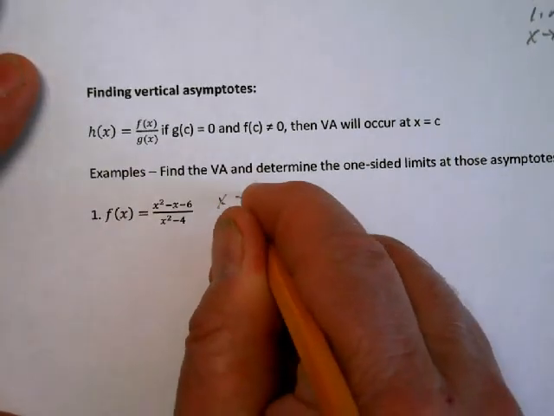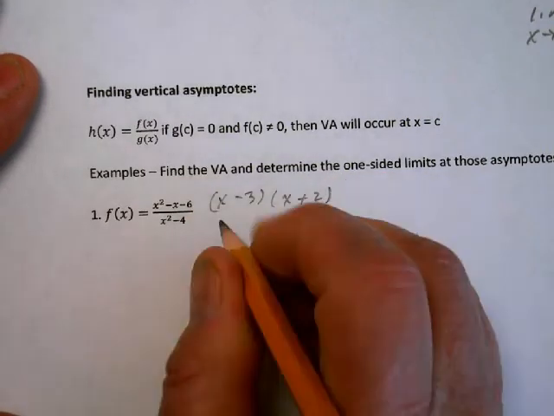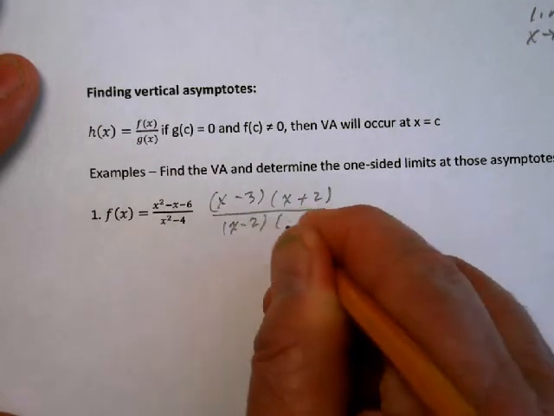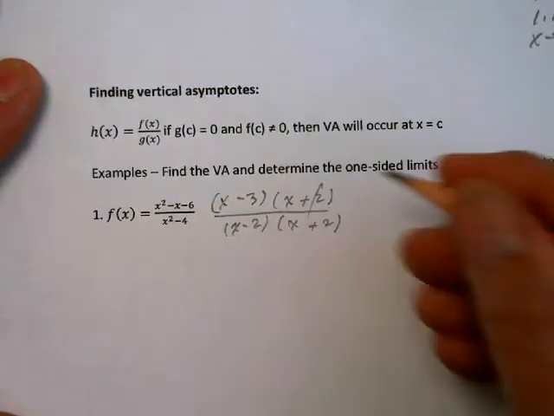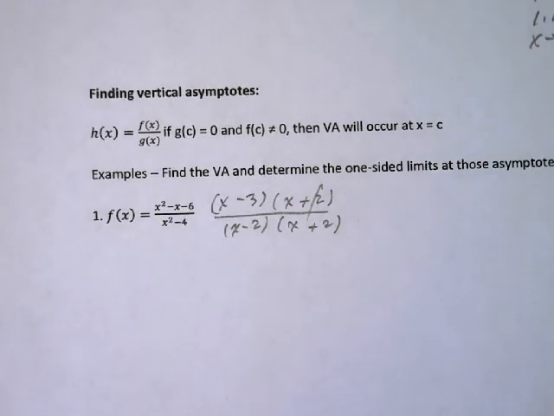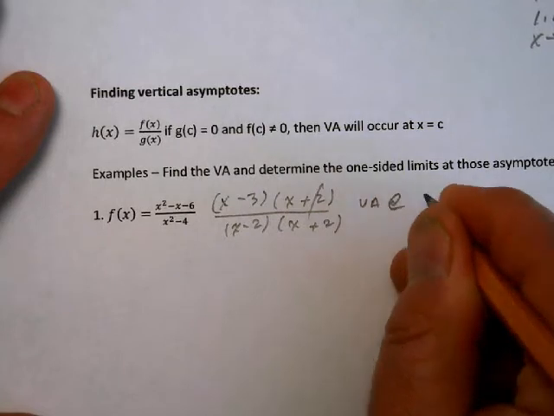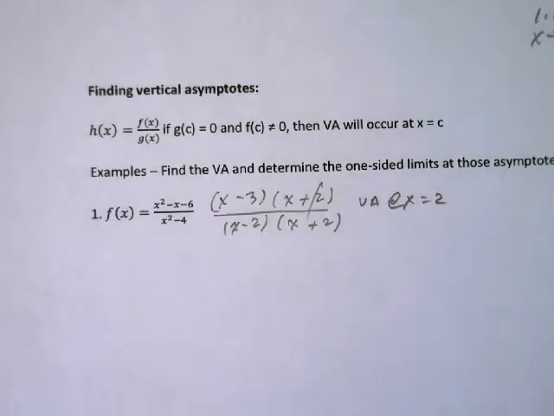Factor the numerator. So the x plus 2's divide out. So we have a vertical asymptote of x equals 2.